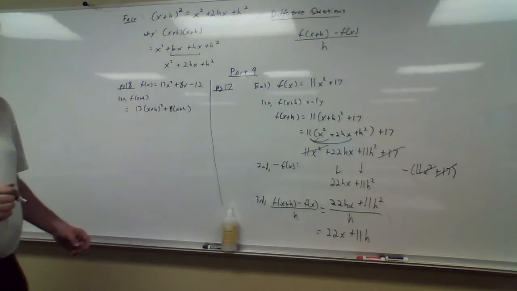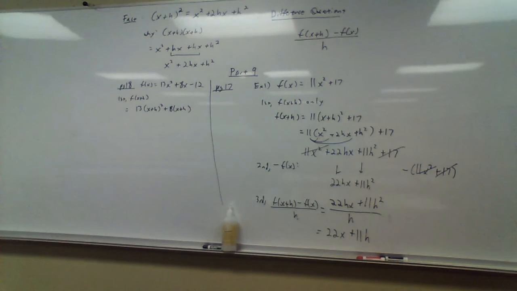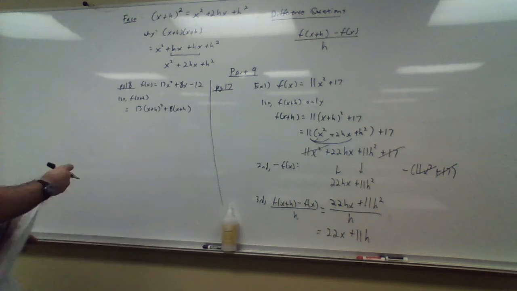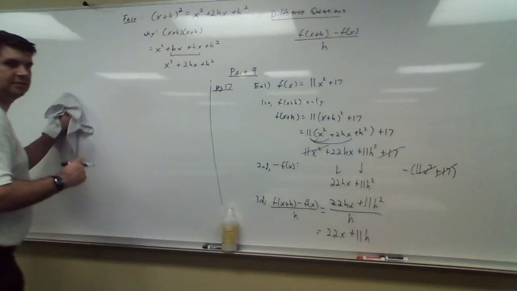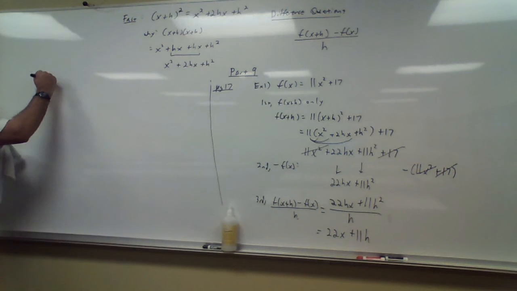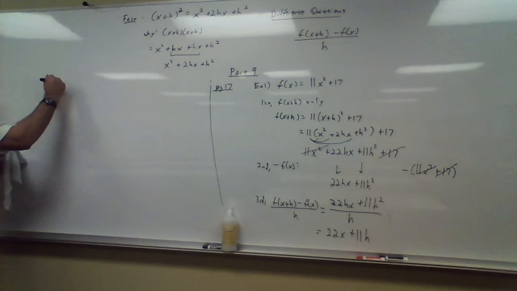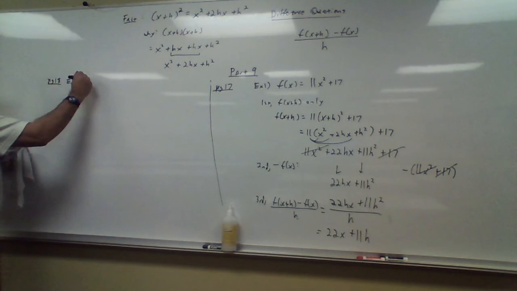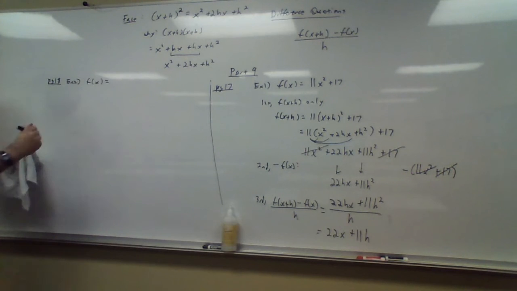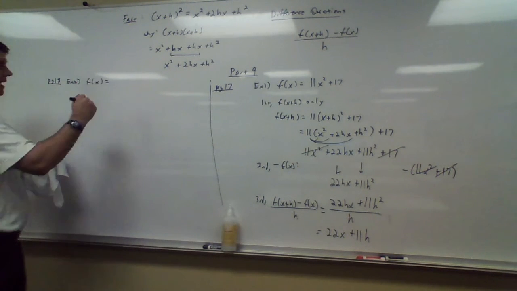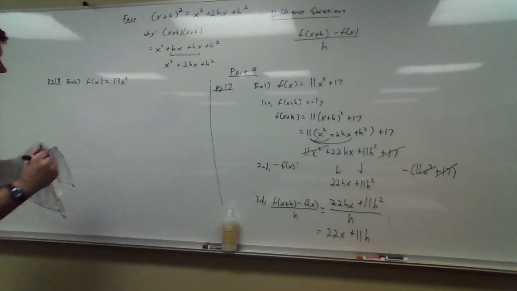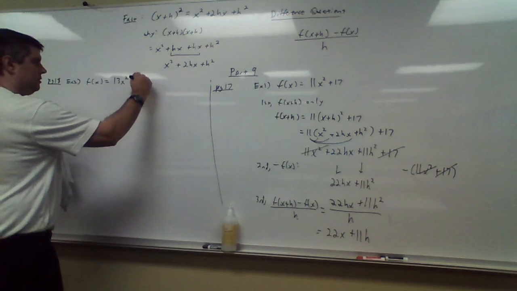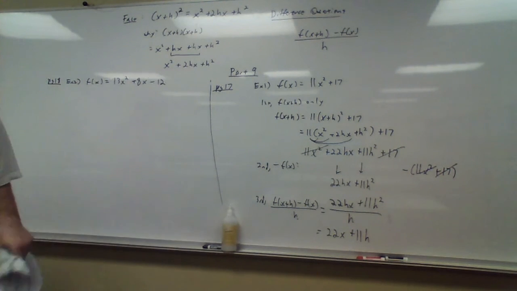I'm not making the best use of word space. I apologize. I'll set this up again. Okay? So this is going to be page 18, example 2, and we're looking for the difference quotient of f of x equals 13x squared plus 8x minus 12. All right, so here goes.